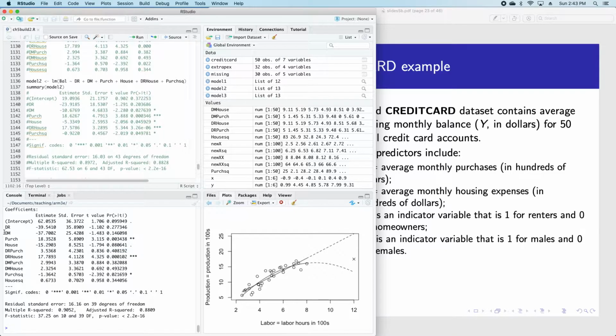I'm going to keep these four though. Even though dr has the highest p-value of those four, doesn't it? I'm not going to consider getting rid of dr because it's involved in some of the higher order predictor terms.